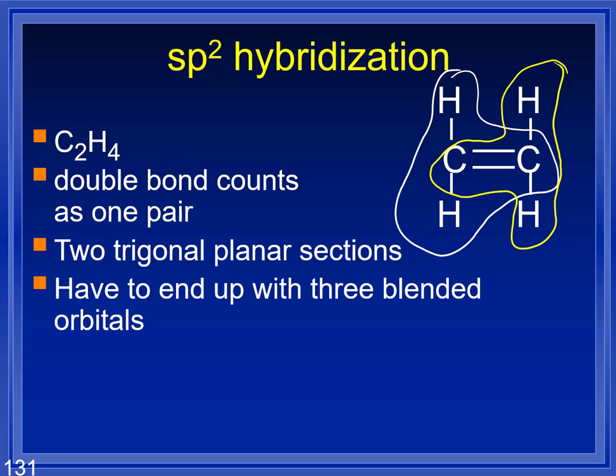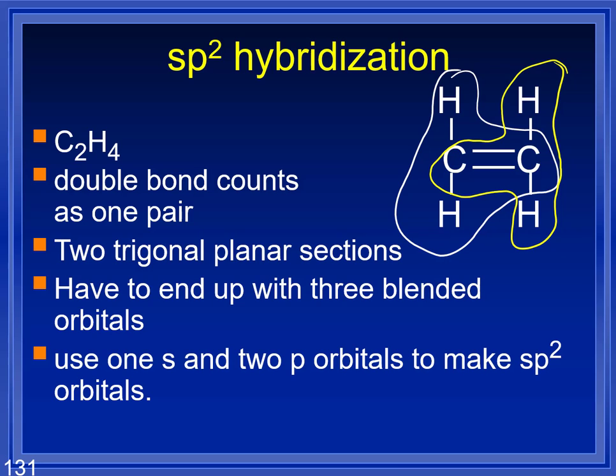Okay, so I got to end up with 3 blended orbitals. Every one of these sticks needs an orbital. So I need 3 blended orbitals. So my recipe says I need 1 s and 2 p's, right? So I use 1 s and 2 p's to make sp2 orbitals.